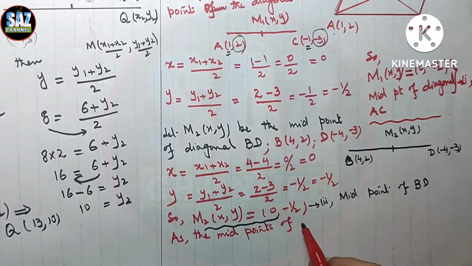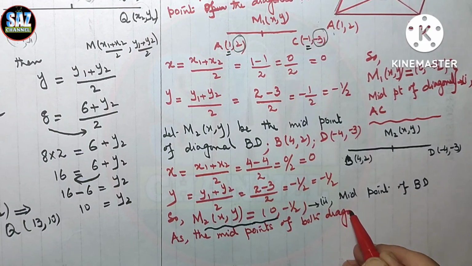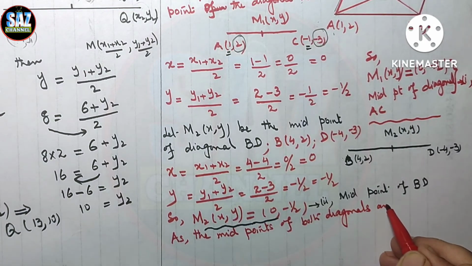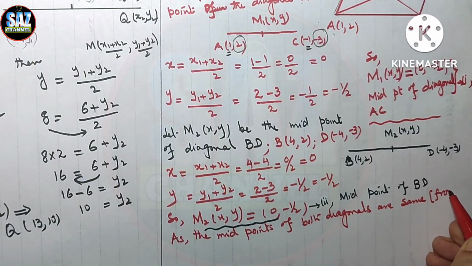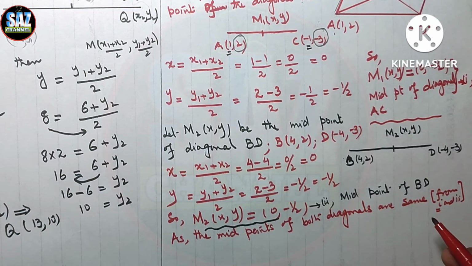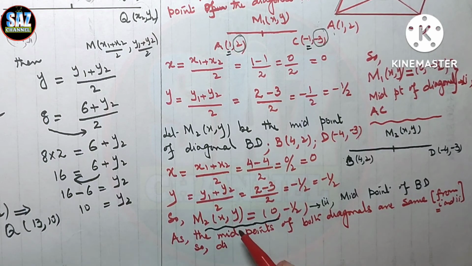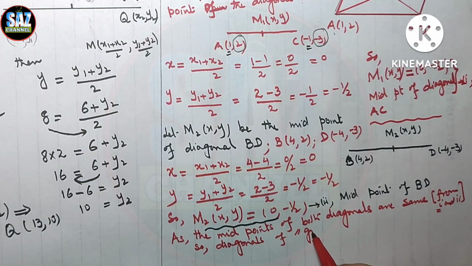From 1 and 2, they are telling us that the midpoint of both the diagonals is the same. So what will happen? Diagonals bisect each other. So the diagonals of a parallelogram bisect each other.